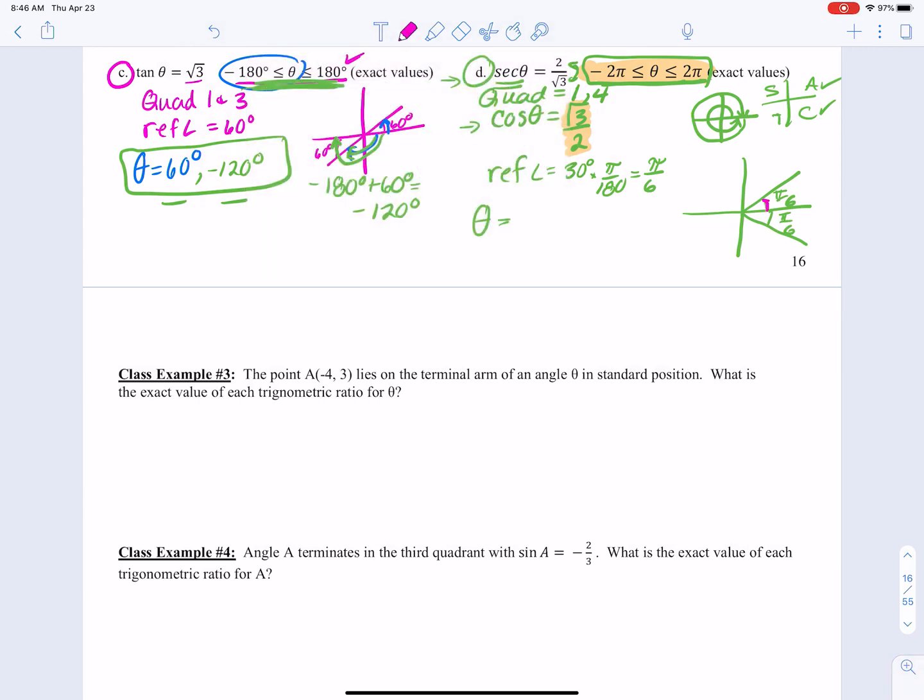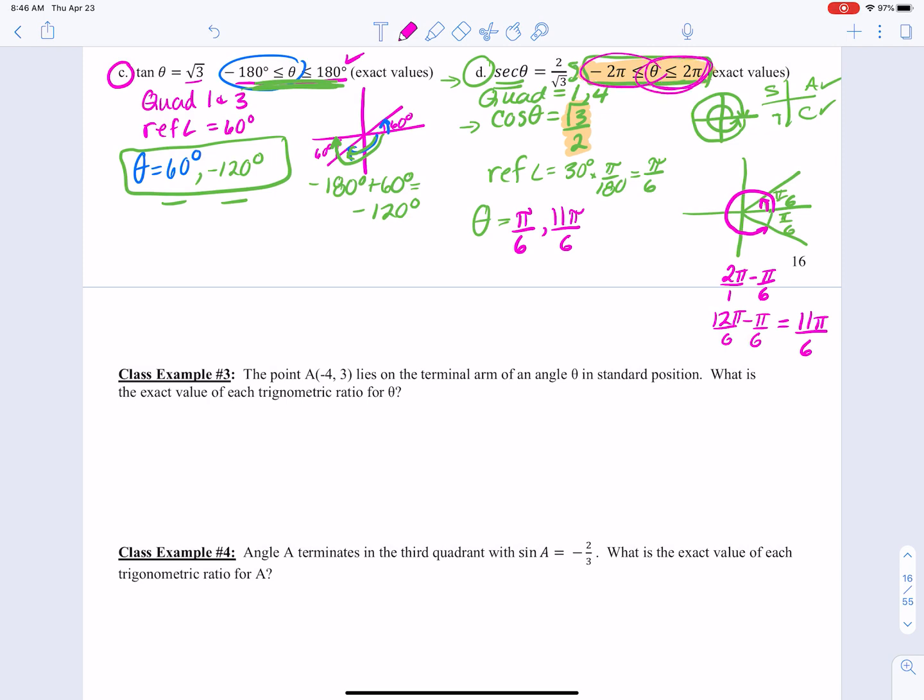So in quadrant 1, the positive angle is simply the same as the reference angle. So it's pi over 6. If I rotate it all the way to here, to find that rotation angle, I'm going to go 2 pi minus pi over 6, find a common denominator, which would be 12 pi over 6 minus pi over 6, and that would give me 11 pi over 6. So there's my first two answers. It's my answers that fall between 0 and 2 pi.